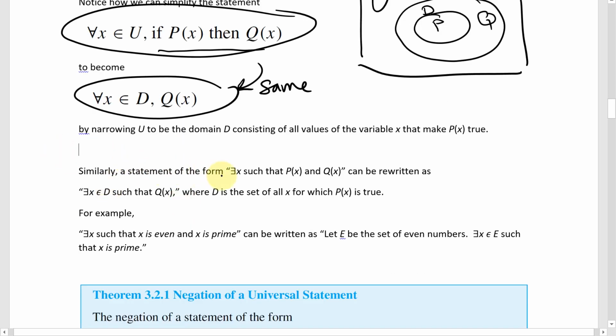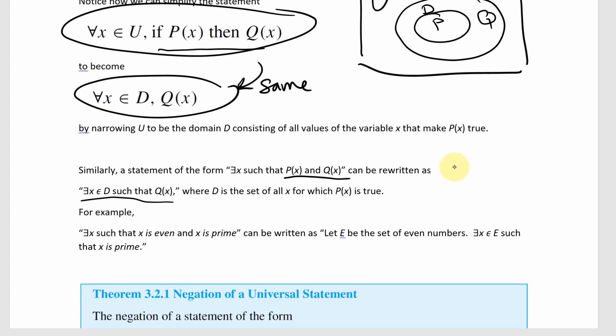Similarly, a statement of the form, there exists x such that P of x and Q of x is true, that can be written as there exists some x element of the set D such that Q of x is true, where D is just the set of all x's where P is true.